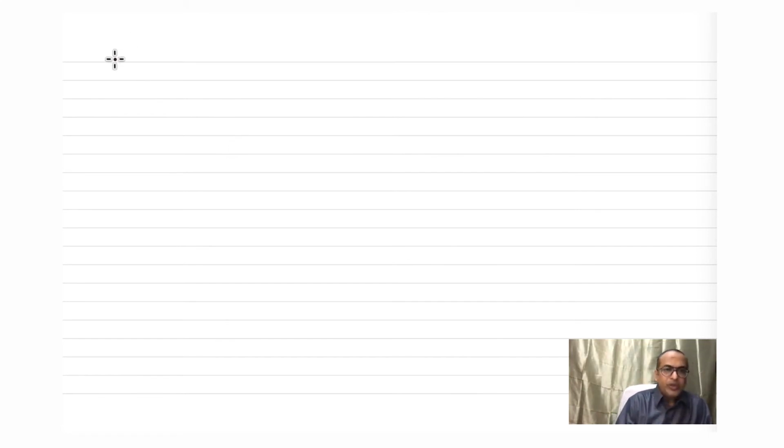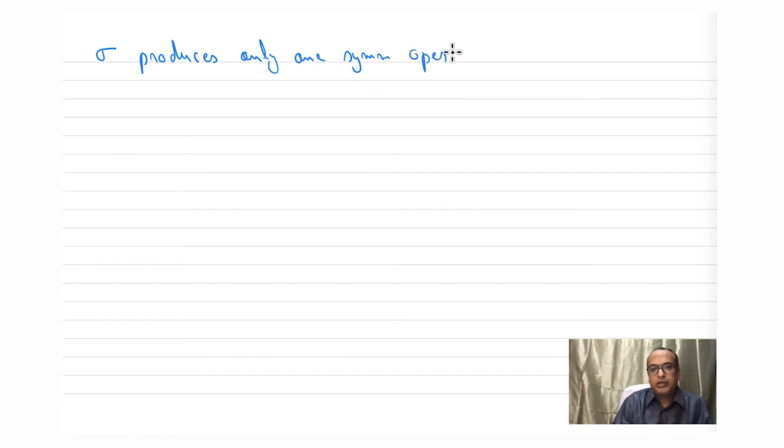Okay. Now sigma produces only one symmetry operation. Unlike proper axis of rotation, where we saw that nth order axis will generate n operations, in this case sigma will produce only one symmetry operation. Why is it so?